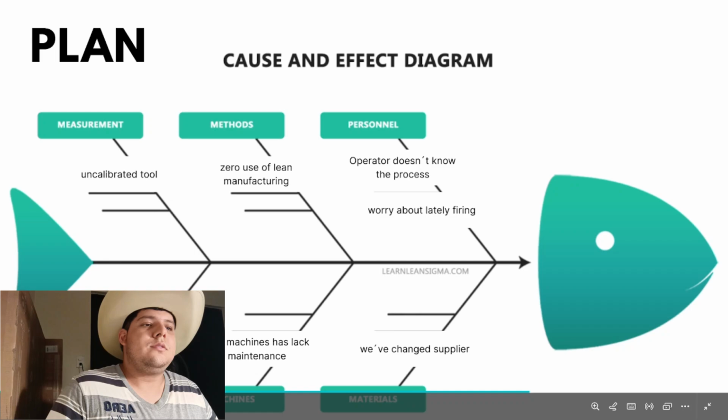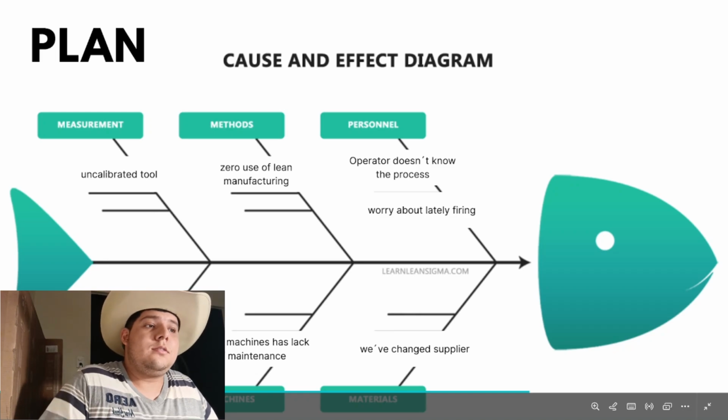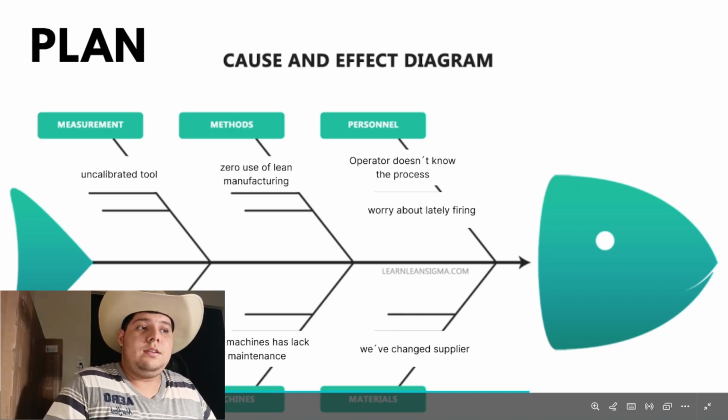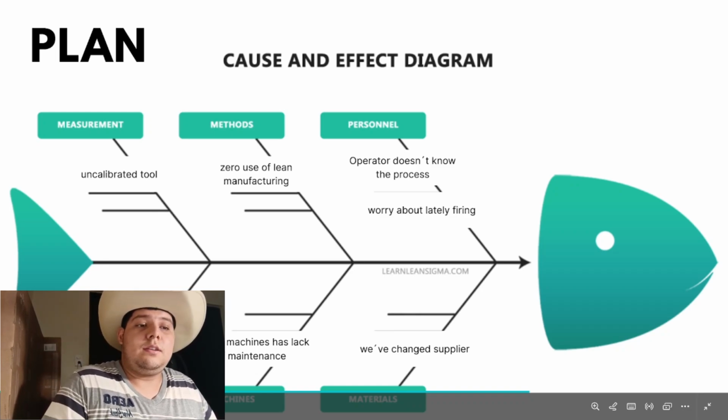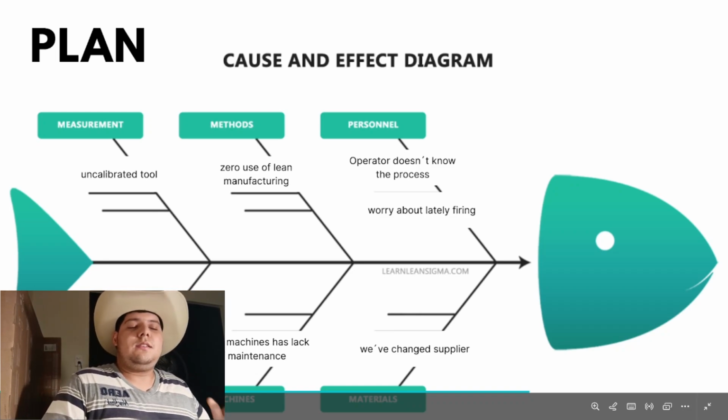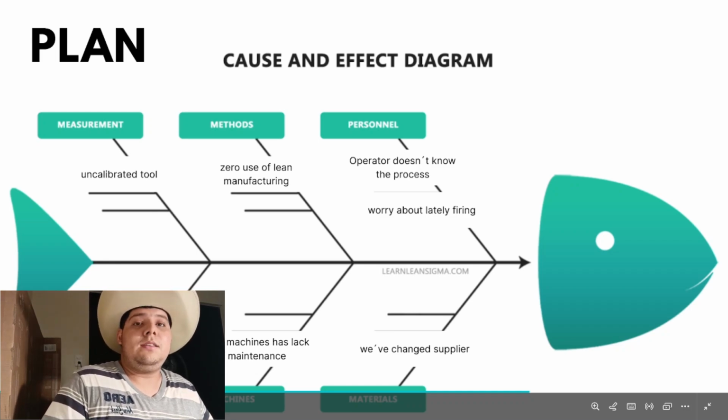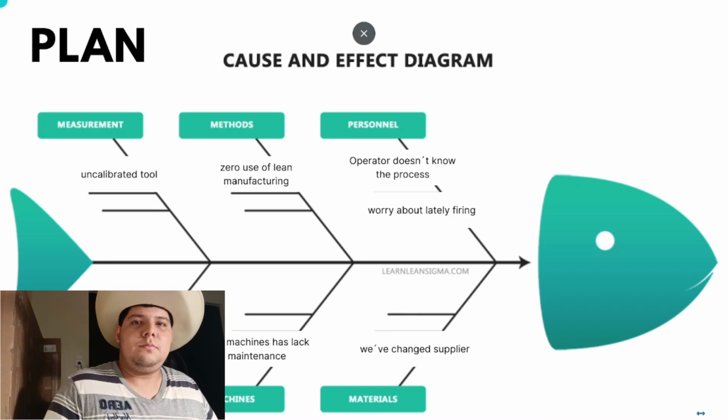For example, uncalibrated tools, zero use of lean manufacturing, that is very important. The operator doesn't know the process. He's worried about being fired. Maybe it's something that stresses the operator. The air conditioner doesn't work correctly. 70% of the machines lack maintenance. This is very important, we're gonna talk about it in another video.